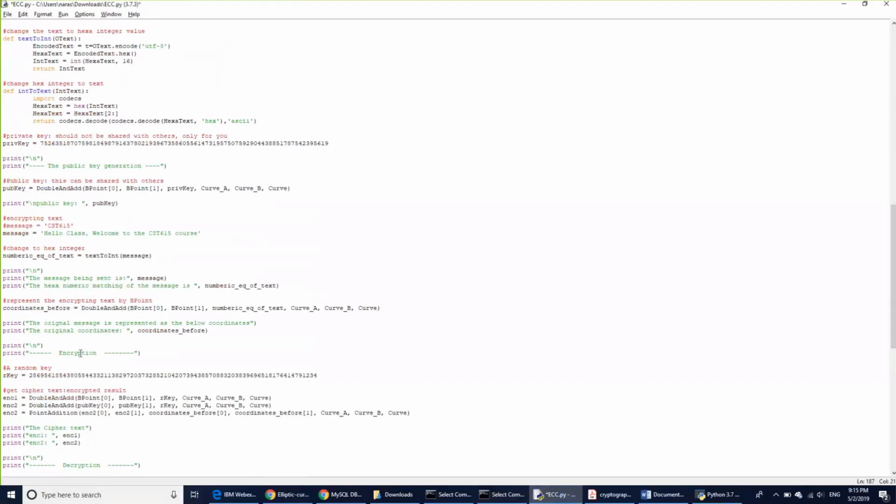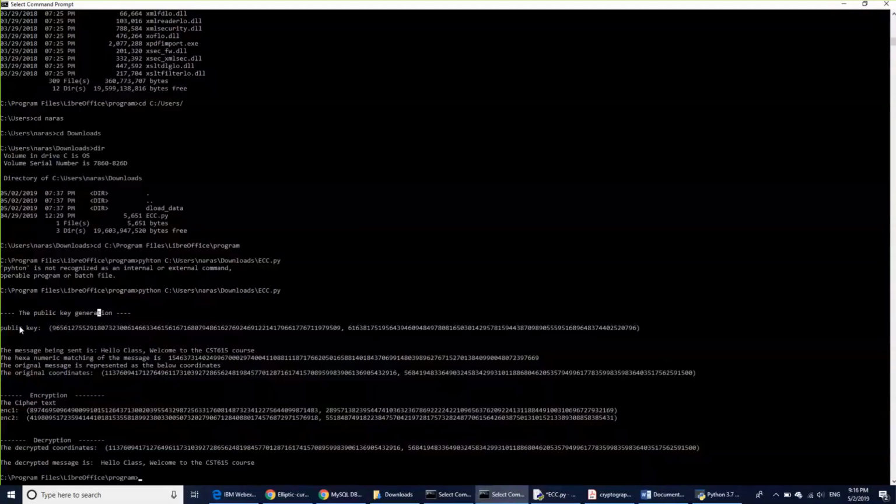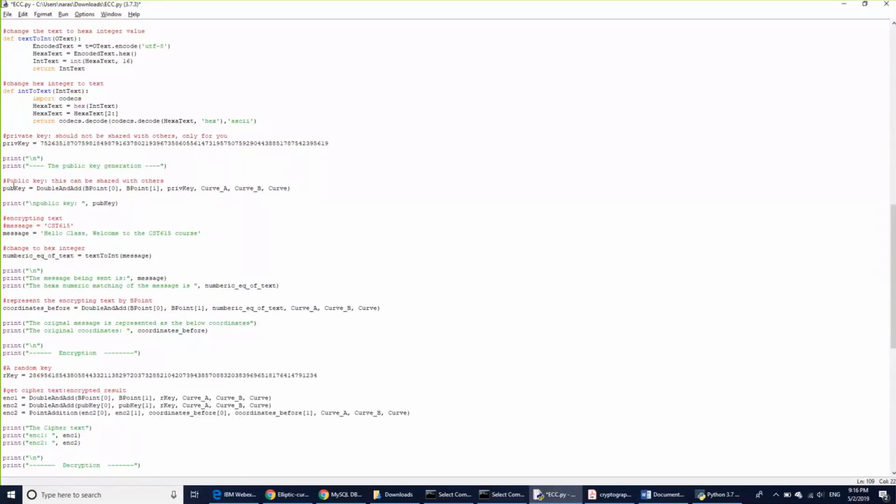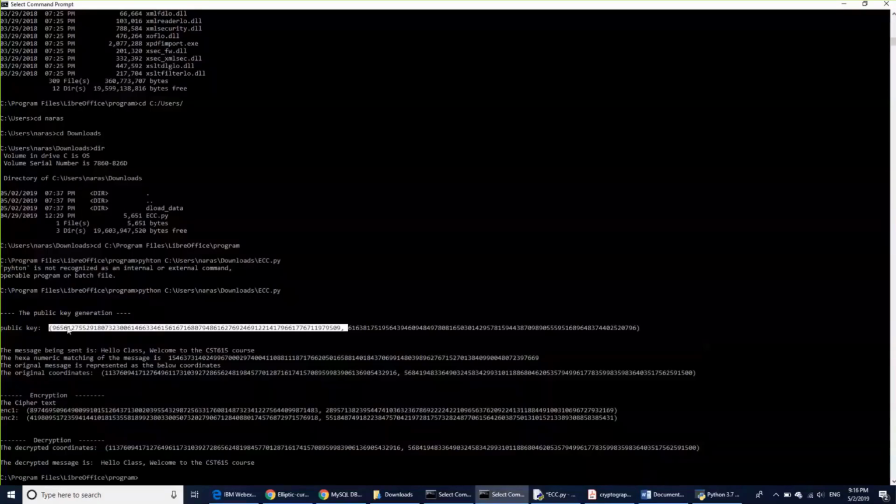Okay, the message is here. And the public key, like I mentioned, is generated with this calculation.